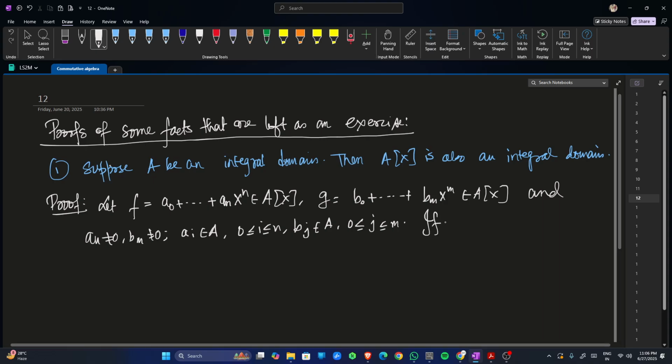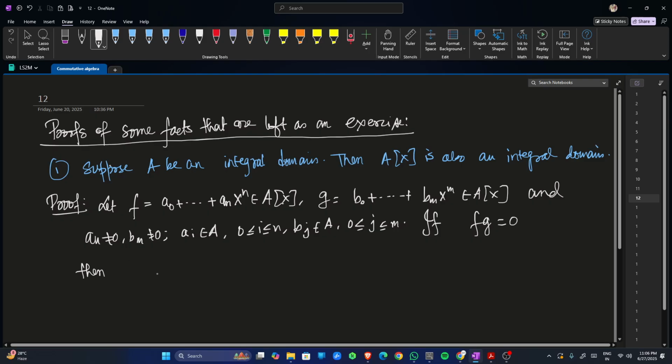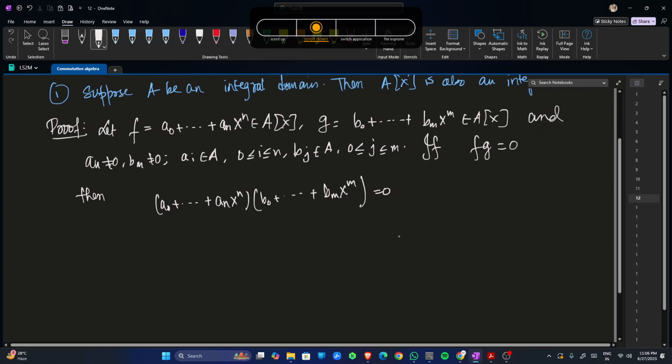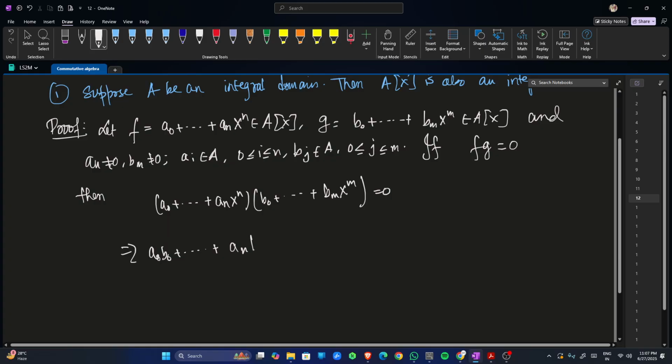If fg equal to 0, then what will happen? a0 plus dot dot dot plus an x^n times b0 plus dot dot dot plus bm x^m equal to 0, so a0 b0 plus dot dot dot plus an bm x^(m+n) equal to 0.